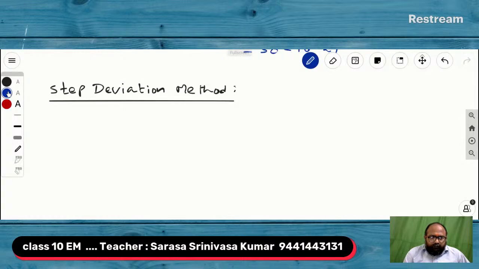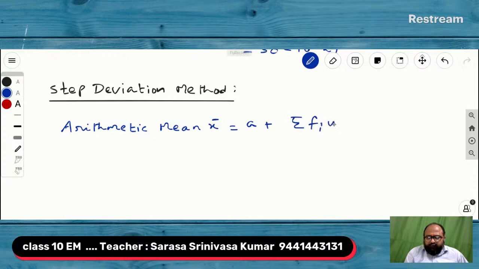Arithmetic mean x bar equal to a plus sigma fi ui by sigma fi, multiplied by h.